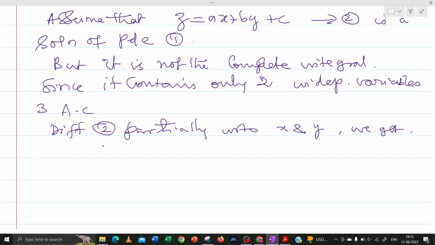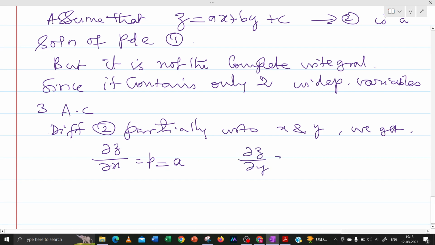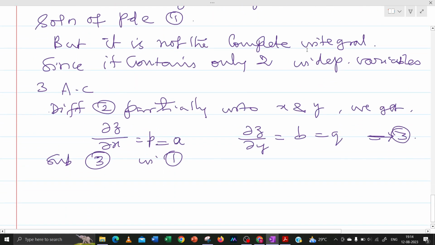We get ∂z/∂x equal to p, so that means equal to a. ∂z/∂y equal to b, that is equal to q, which is equation number 3. Substituting equation 3 in 1, what is given in equation number 1, root p plus root q equal to 1.